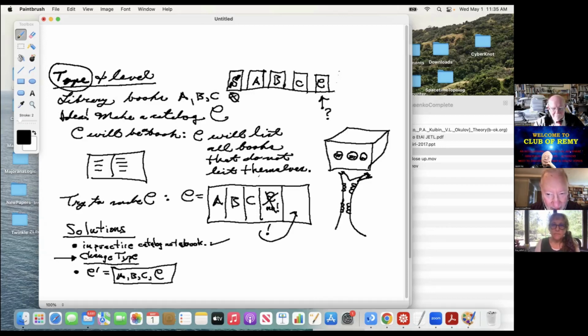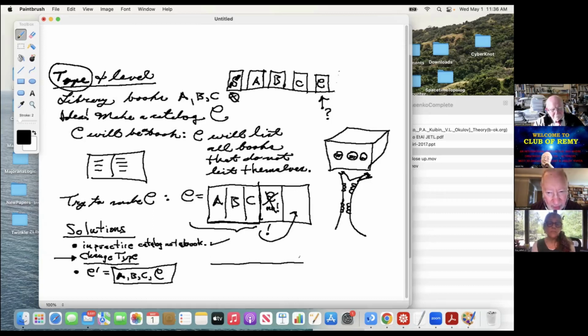The old catalog is just this one. And then we might feel a little better, but then we'll have to make a new book. So this is a book, it's on the shelf, and this book has the list of A, B, and C, and we'll put it in there.